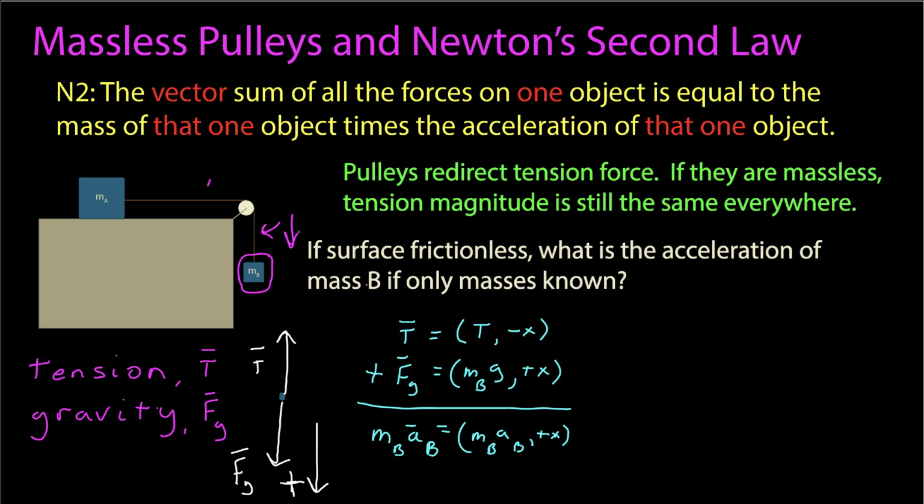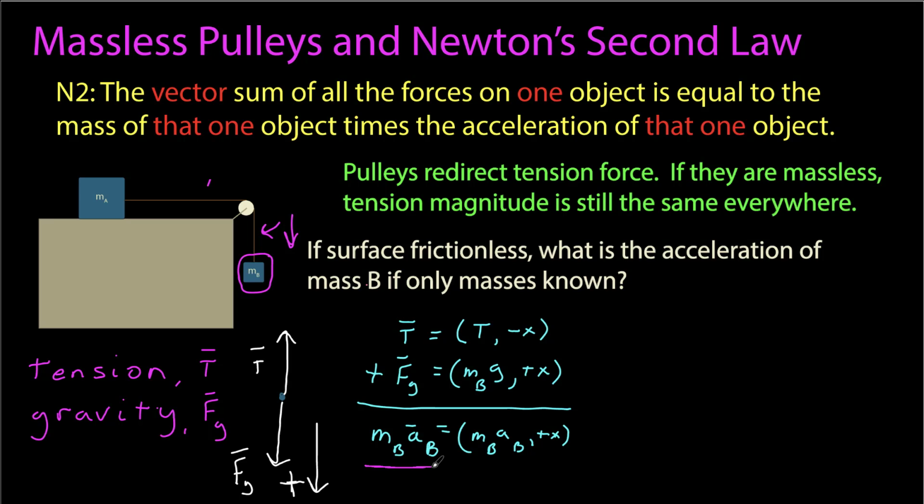So I've written out the vectors in vector form. There's the tension, which has a magnitude of T, and it points in the negative x direction given this coordinate system. And it's added to the force due to gravity, which has a magnitude of the mass of mass B times the acceleration due to gravity, and it's pointing in the positive x direction given this coordinate system.